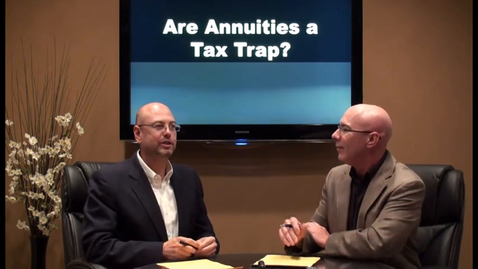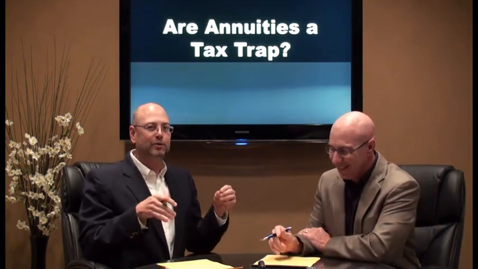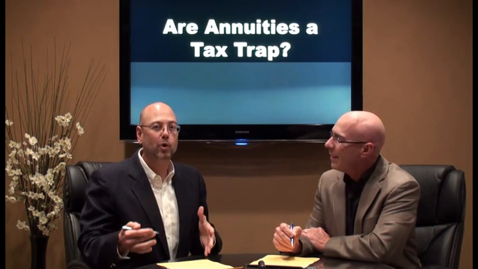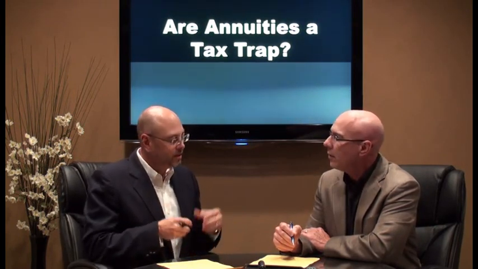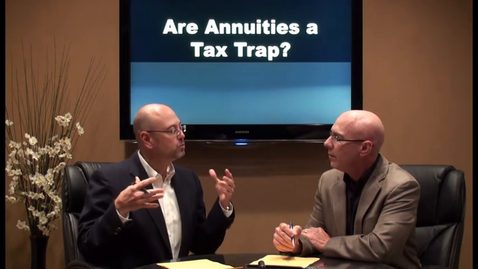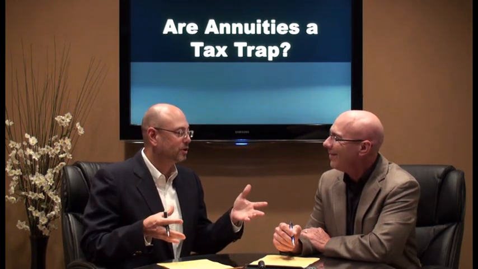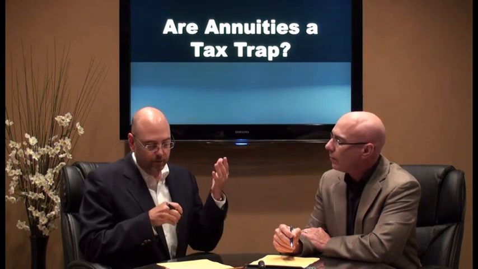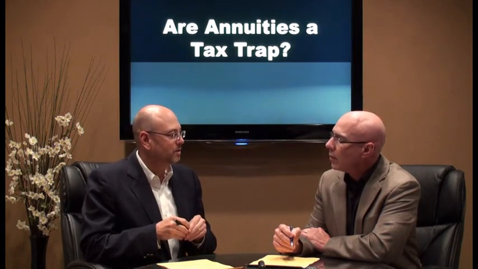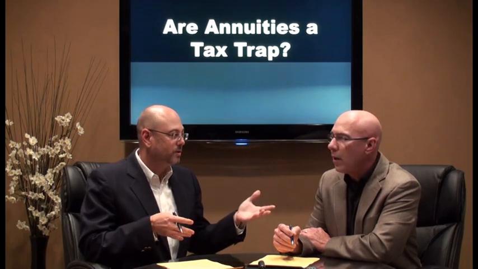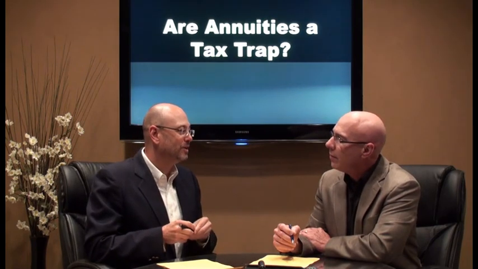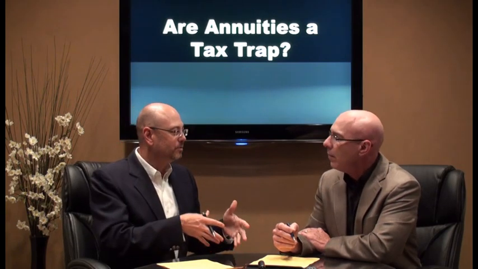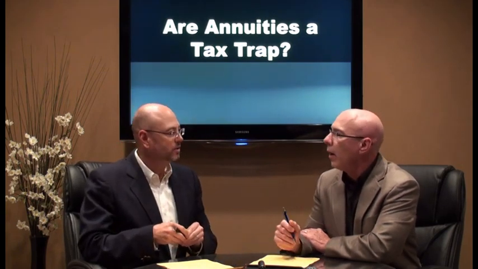Yeah, and we should say, we're not trying to avoid paying taxes here. We're trying to avoid paying more taxes than we need to. And there are all sorts of ways to use annuities in different structures to reduce taxation, through advanced planning techniques. Or even conversion. The most common way to avoid paying tax in the future is to pay the tax now through a Roth conversion or something of that nature.